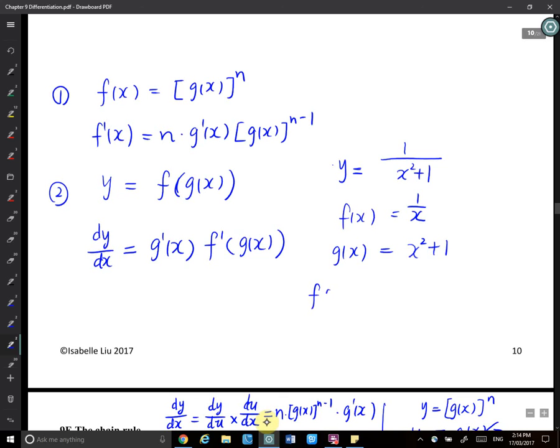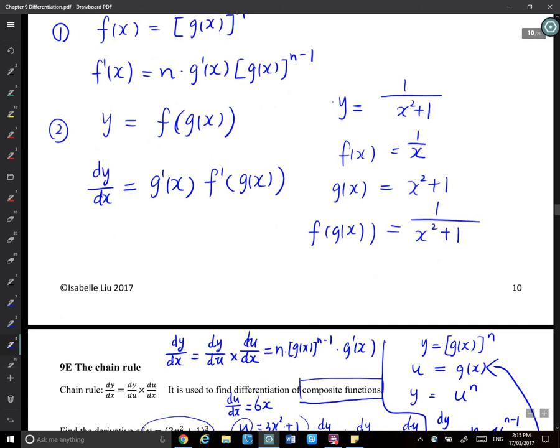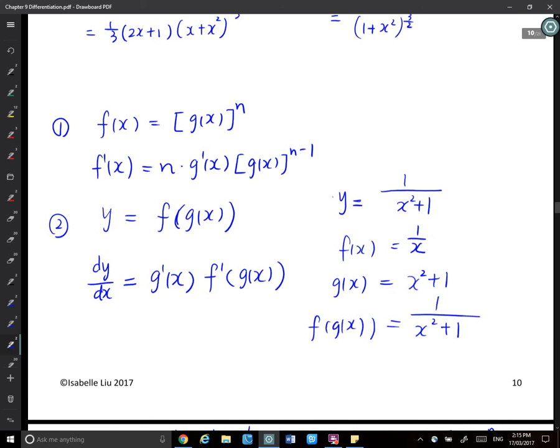So f(g(x)) will equal 1 over x squared plus 1. Now you want to find dy/dx. So what is dy/dx? dy/dx will equal g'(x) f'(g(x)).